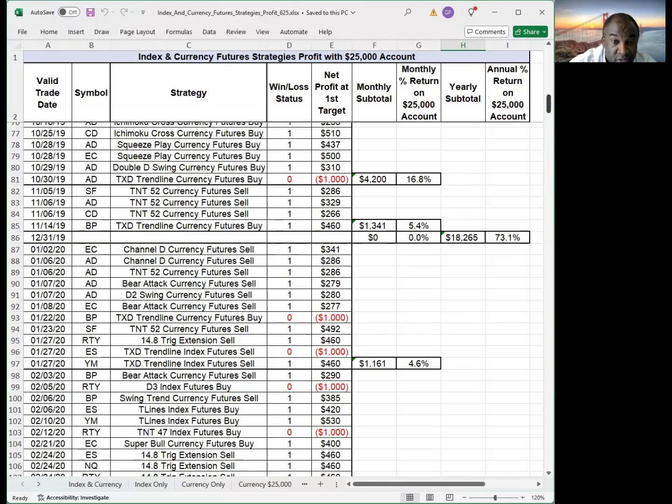We have short strategies that show how to short market tops and how to get in short once the market is starting to trend down. I'm going to be releasing some more short strategies in the near future, so stay tuned for that. But long and short, how we make money is exactly how we went over.